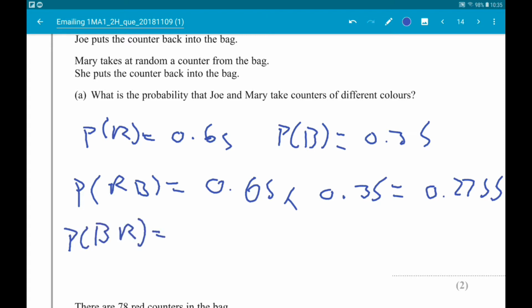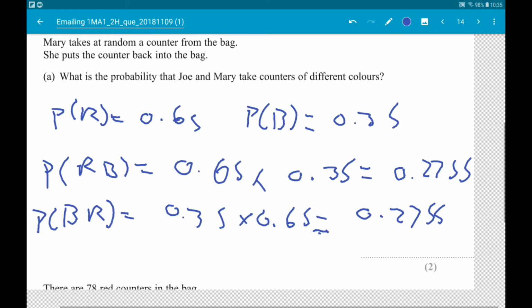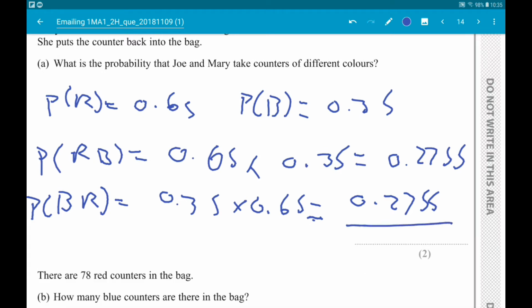So that's actually going to be exactly the same, because it's 0.35 times 0.65. So again, that's 0.2755. So we then add these two together and we get 0.455.